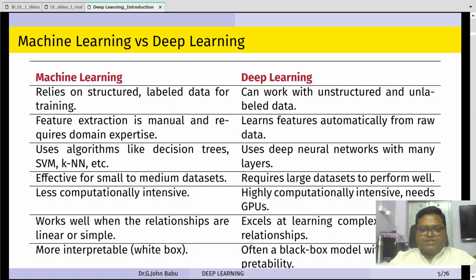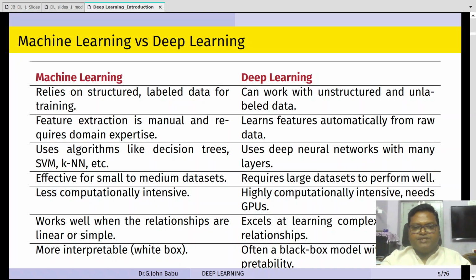There is no need for structured data. In machine learning, our data was something like numbers and text, but deep learning can even recognize handwritten characters, images, videos, audios. All these are unstructured data.